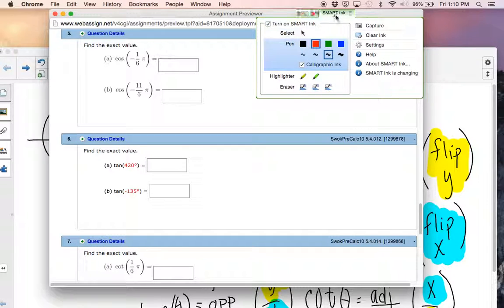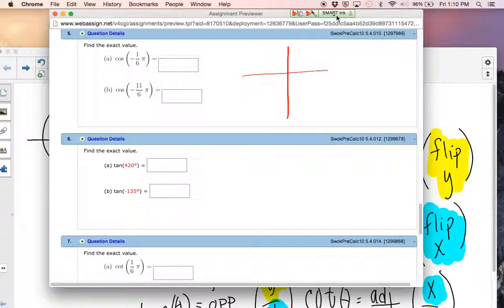Remember that a negative angle goes clockwise, a positive angle goes counterclockwise. So for example, pi over 6 is up here. Well, that means negative pi over 6 is down here. It's the same as 11 pi over 6.